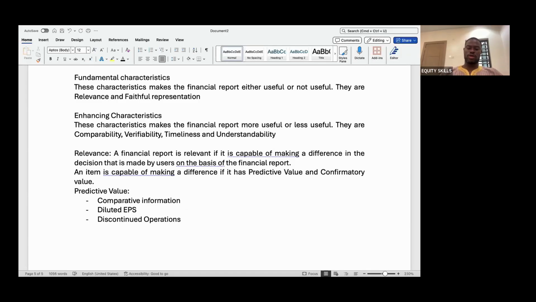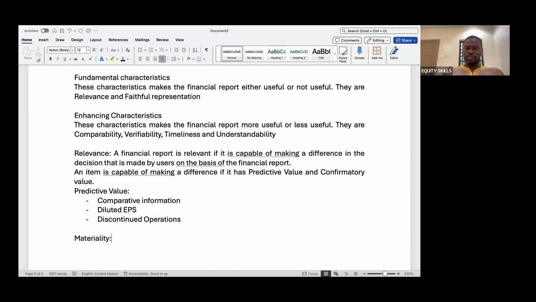Now, there's something we call materiality. This ultimately determines relevance. Materiality determines relevance. For you to know whether an item is relevant or not, in the context of the reports, you need to understand the materiality threshold of that company, okay?